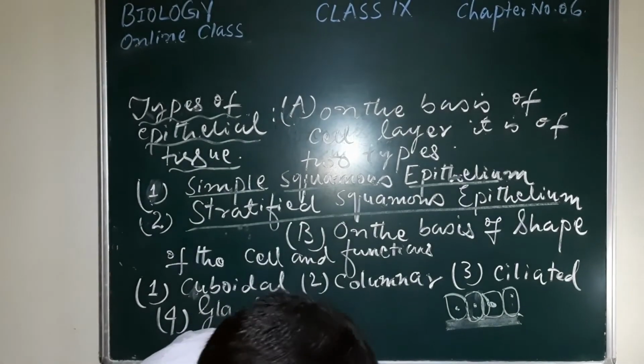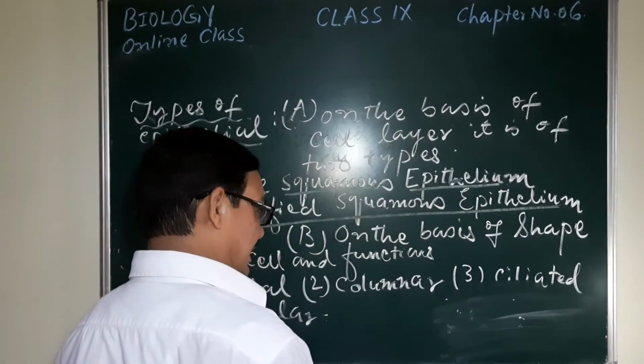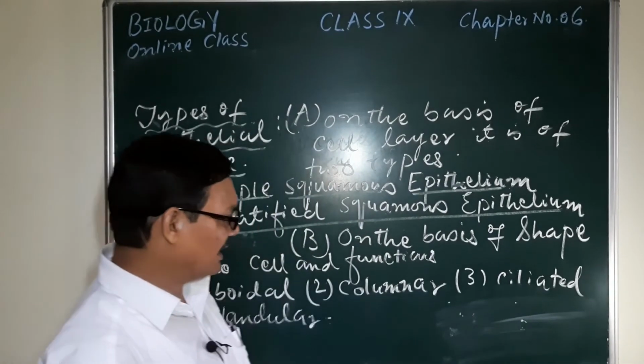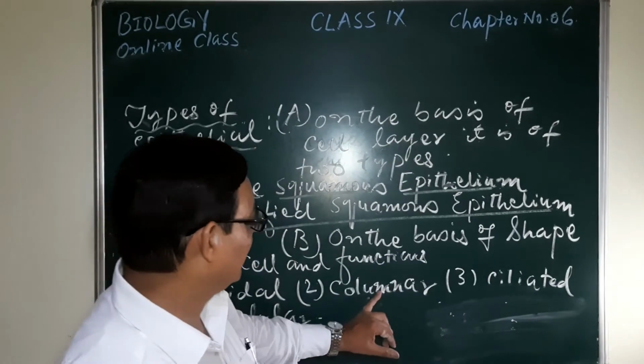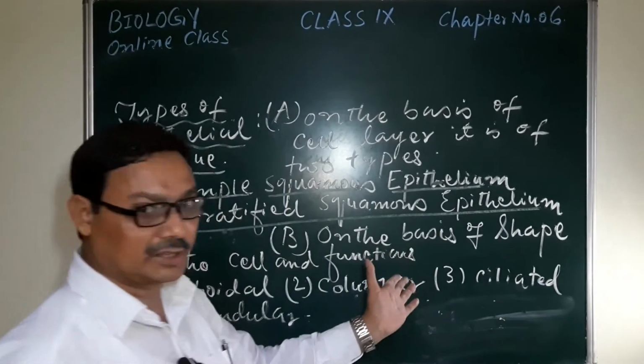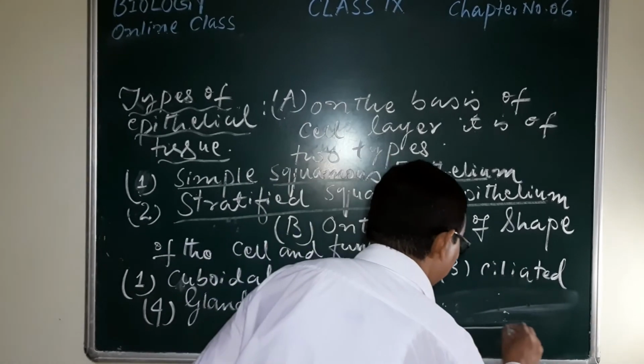But if several layers are present, some layers of cells may be cuboidal, and some layers may be of other epithelial types. It is also a unique feature of this.